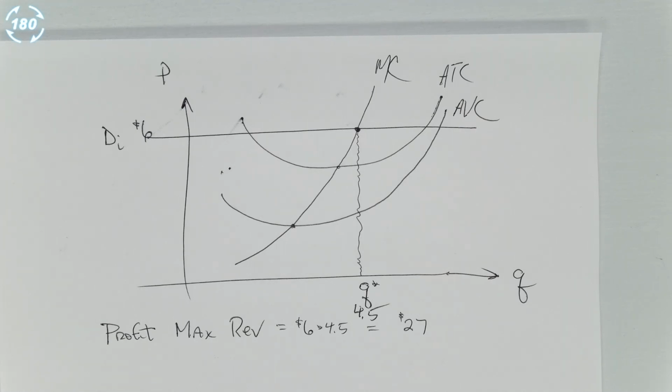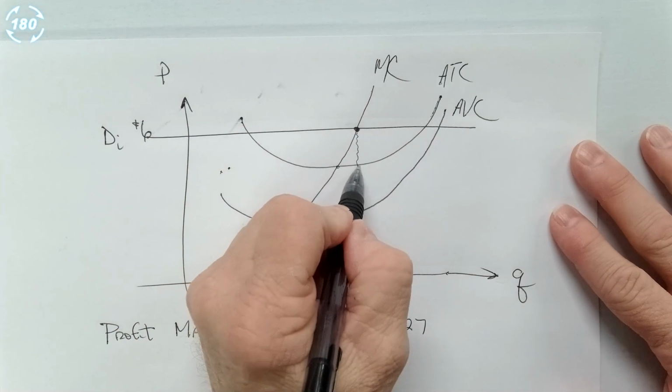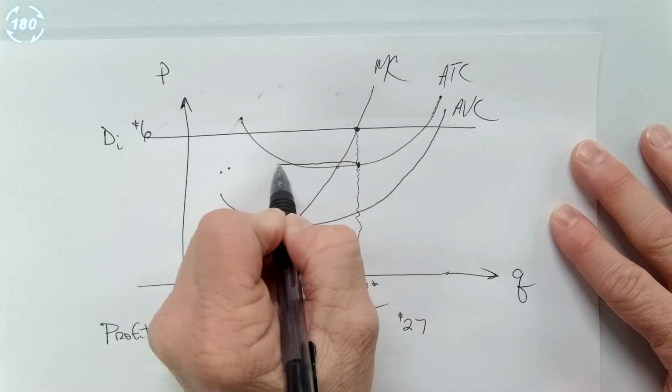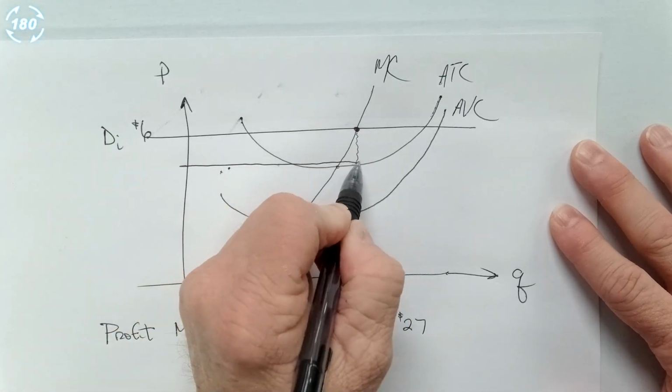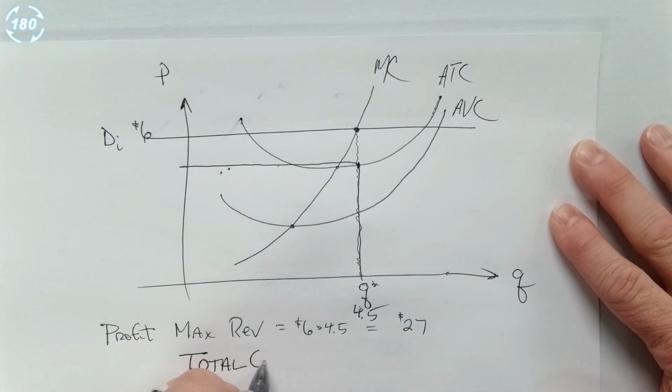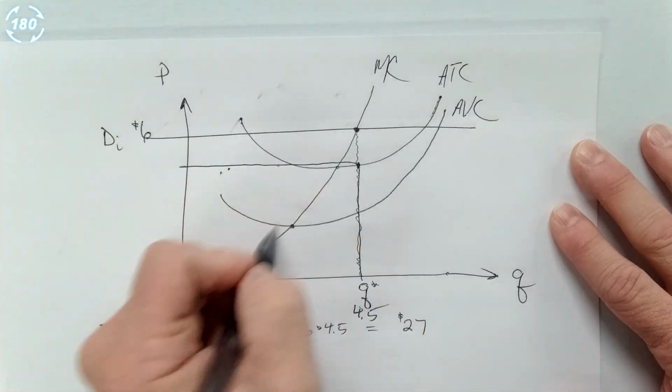So here's your average total cost curve, and here's the output you're going to be producing at. So this rectangle here is total cost, all right? Because the height is average total cost. The way I drew it, it kind of brushes right above that, but here you go. That is the total cost. The total cost is this rectangle.